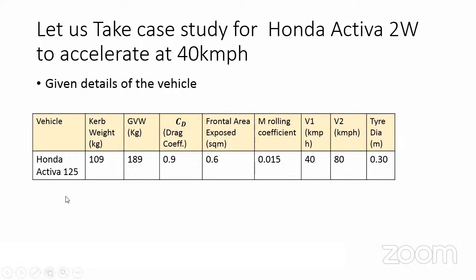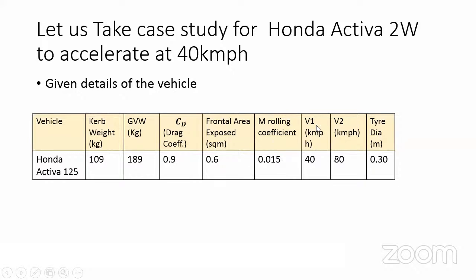So for example, I have taken one example, a Honda Activa vehicle, which has a curb weight of 109 kg. The gross vehicle weight with one driver is 189 kg. This is the typical drag coefficient CD value. This is the frontal area, the front end of the vehicle, and the rolling coefficient of the tire, as per the assumption which I have taken.